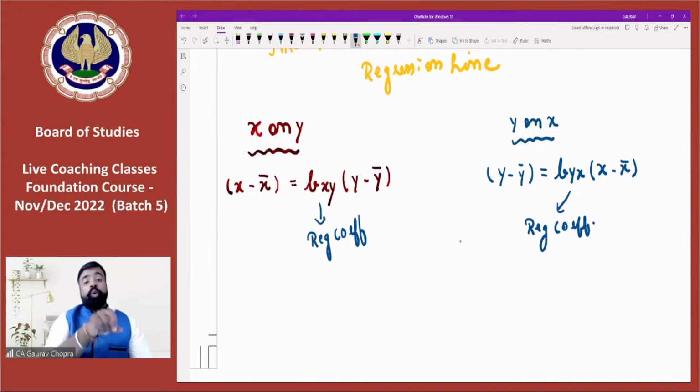In correlation, we had discussed there was only one coefficient, that was r. But here there will be two coefficients. One is bxy, the coefficient for the equation x on y. The other will be byx, the coefficient of y on x. So there are two regression coefficients here.